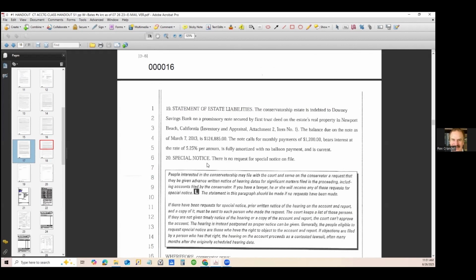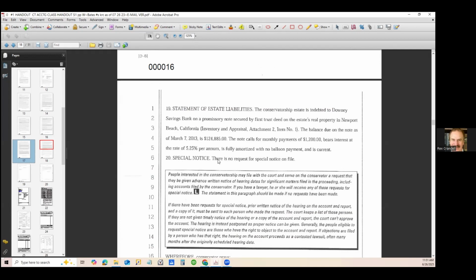Request for special notice. Since y'all are a law firm, you know specifically what this is. You must state whether or not somebody has filed a request for special notice. So in this sample, no requests for special notices have been filed.